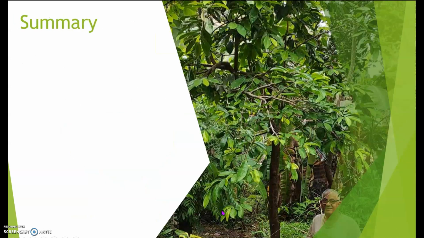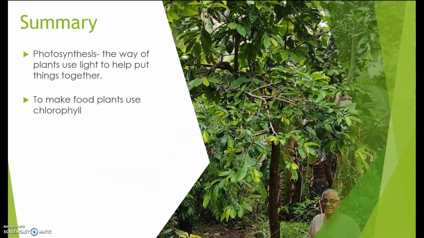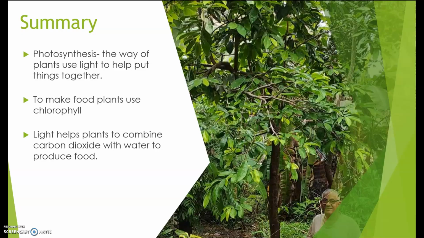Next. Okay, so let's do our summary of what we talked about today. We talked about photosynthesis. It is the way plants use light to help put things together. Photosynthesis uses the light and the green pigment in the leaf, which is called chlorophyll, to make new things.